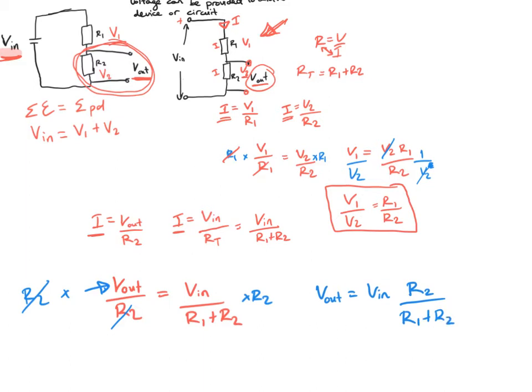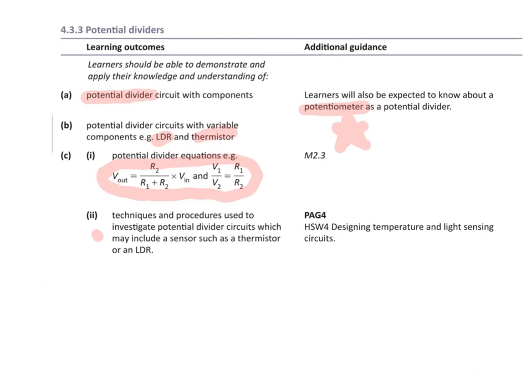Now this equation is given to you in the formula booklet. As you can see here, you're given both expressions that are proved. They're both based on the fact that current is the same everywhere in a series circuit, since there's only one path for it to flow.